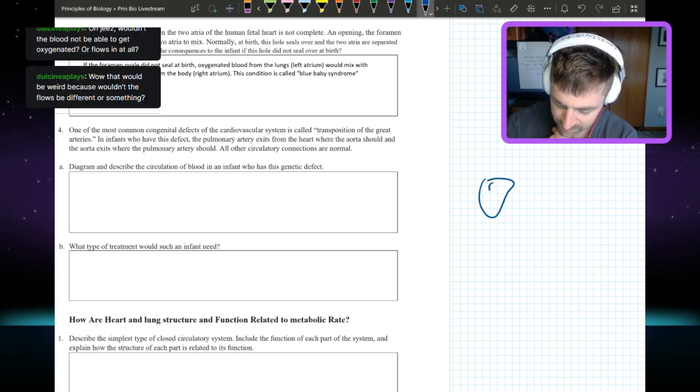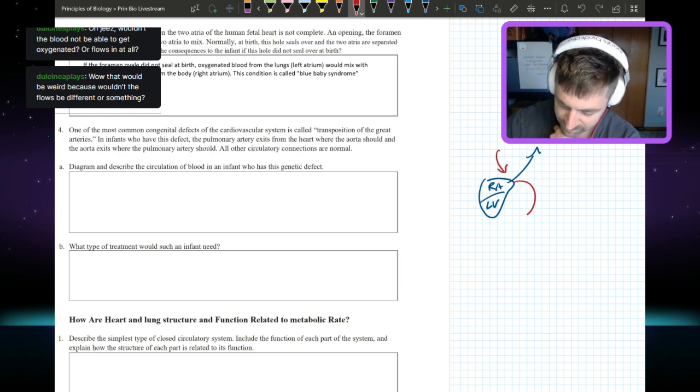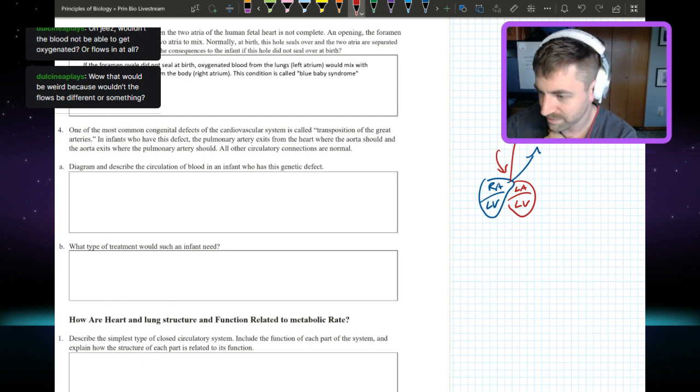So we got left vent would normally go left atrium, left vent, to the body, from the aorta.